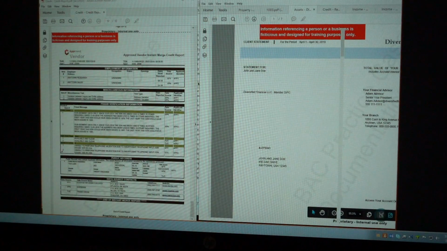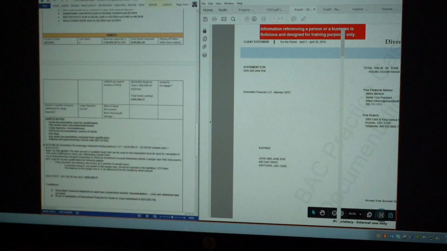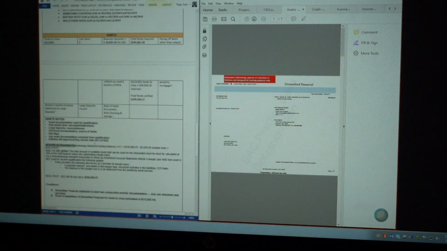Then obviously when I do my calculation, I'll show you again. I'll take my ending balance at 70% minus the margin loan, and then I'm going to put that as the total amount of available funds that can be used for the transaction. I have to calculate it at 70% of the outstanding balance, minus any margin loans.